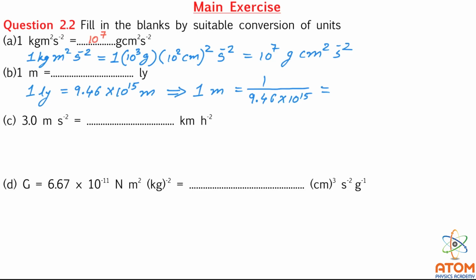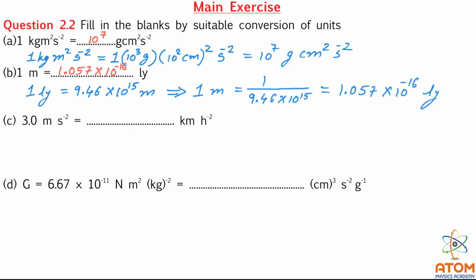So this is going to be 1.057 into 10 raised to minus 16, this many light year. That is our answer. Let me put it here, that 1 meter is 1.057 into 10 raised to minus 16 light year. So that is the second answer.